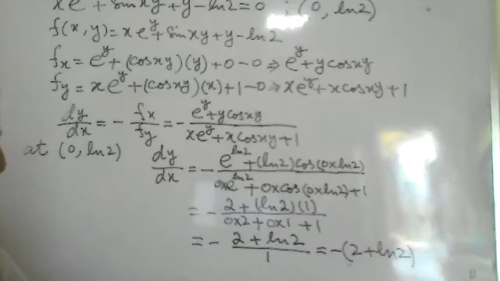So the answer is minus, in the bracket, 2 plus ln2. Or you may put the value of ln2, that will be 0 point something. So 2 plus 0 point something will be 2 point something, minus 2 point something will be the answer.